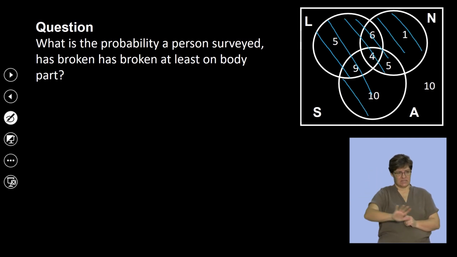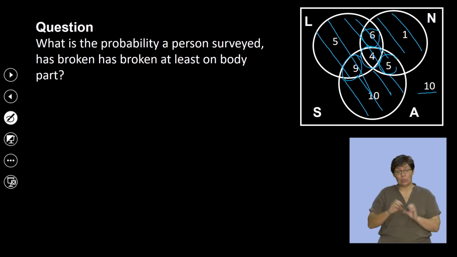Because even though you've broken 3, you've broken at least one. Even if you've broken 2 of them, you've broken at least one. So all of these are included. The only people that aren't included are those that didn't break anything. So the ones that broke at least one is the complement of the intersection in that sense.